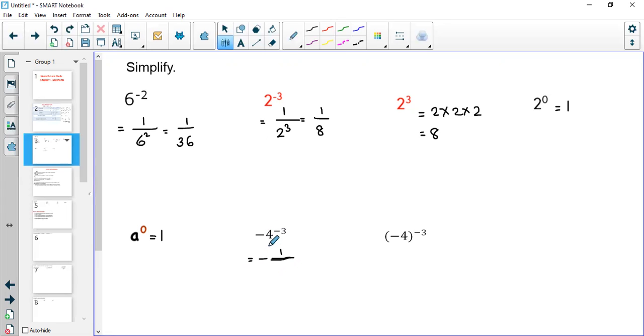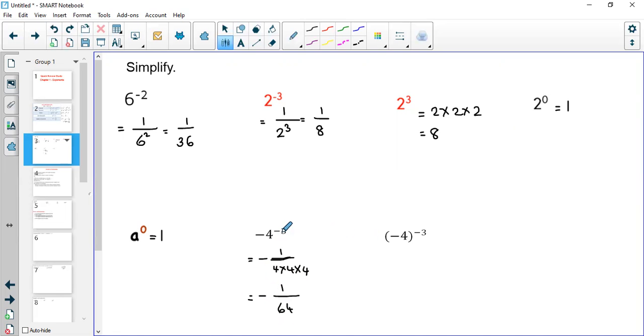So this is going to be 4 to the power of 3, which means 4 multiplied by 4 multiplied by 4, which is going to give you a negative. 4 fours are 16. 16 fours are going to give you 64, right? So this is going to be negative 1 over 64. That's because both of them have negatives. Your answer definitely must be in a negative form.